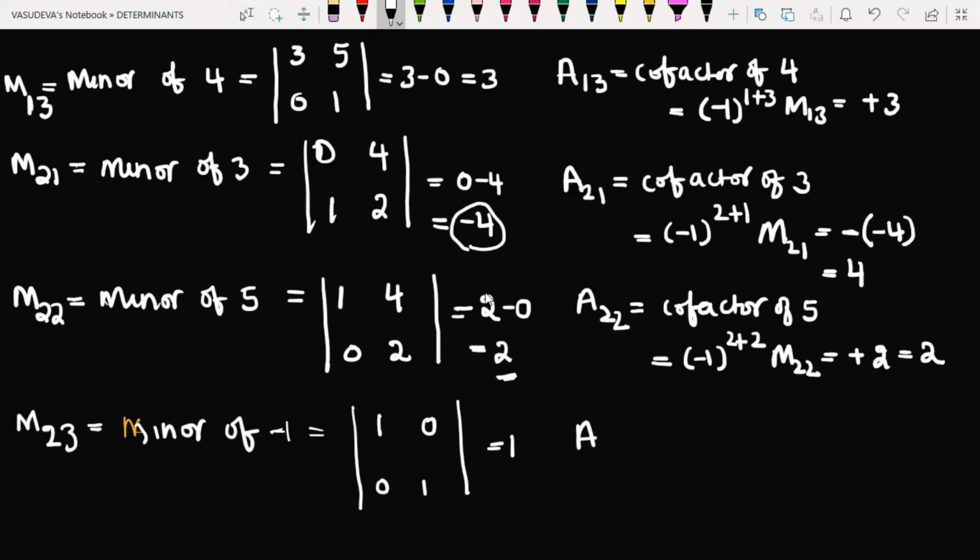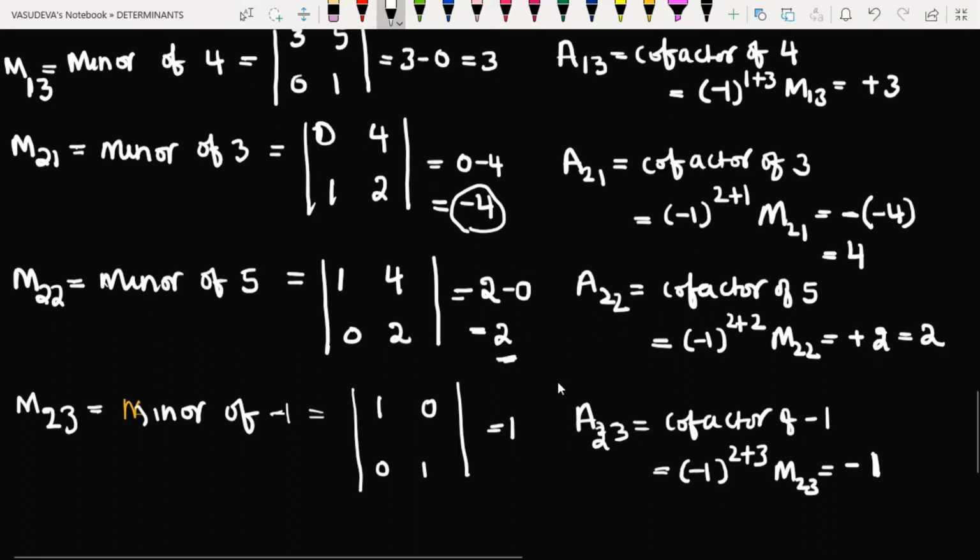Therefore the cofactor of the element in the second row and third column, that is the cofactor of minus 1, is minus 1 to the power of 2 plus 3 into M23. 2 plus 3 is an odd number, therefore it is minus, and M23 is 1. So it is minus 1.